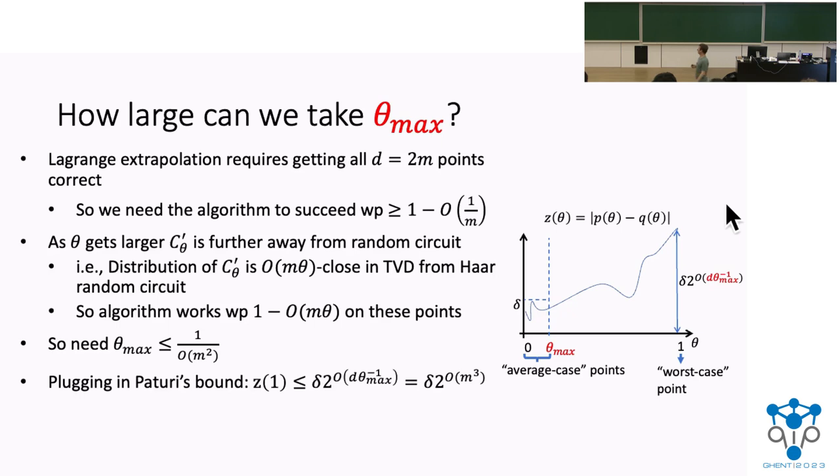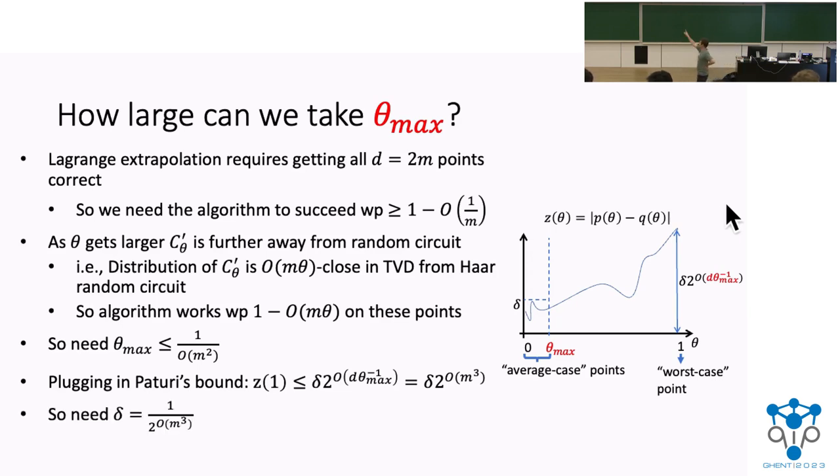Okay, now we plug in Paturi's bound, and we have our degree, which is on the order of m, that comes from the Feynman path integral, and we have our bound for theta max, which has to be less than or equal to 1 over m squared, and what we get is that z of 1, the error we make on our worst case circuit, is delta times 2 to the m cubed.